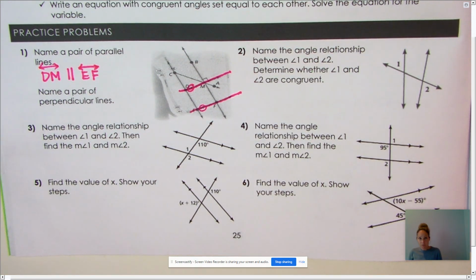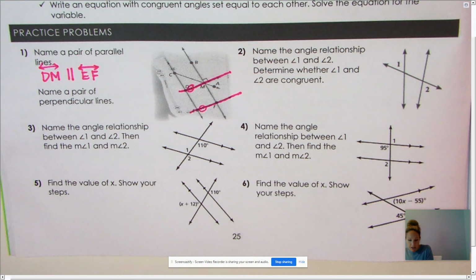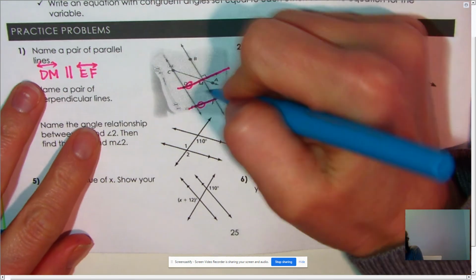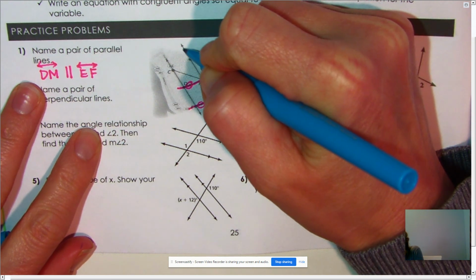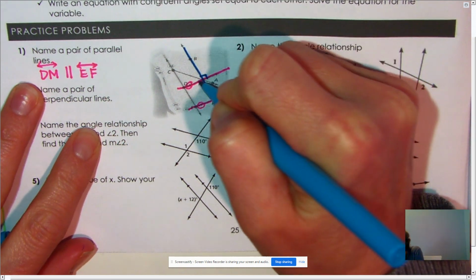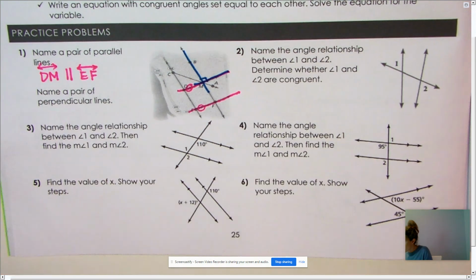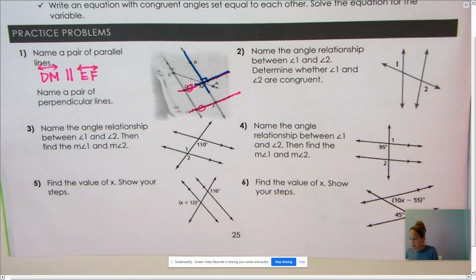Okay, and then if we're going to name a pair of perpendicular lines, see this little symbol right here? So you would use the two lines that make the other sides of that little square.